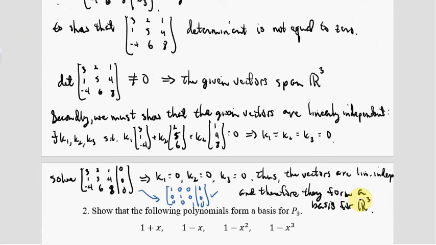If the inverse exists, if the determinant is not equal to 0, if the matrix reduces to the identity. If you have three vectors for the 3 space R3, then you can just take that one matrix, reduce it, get the identity, and say that these vectors form a basis for R3. You're done.